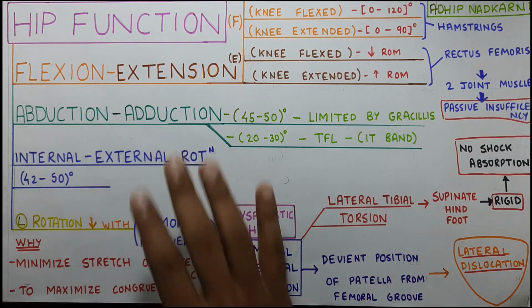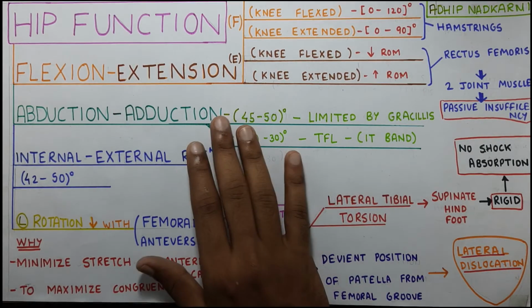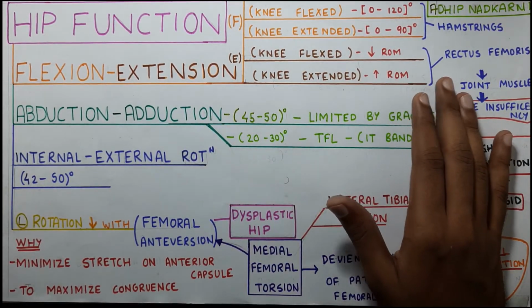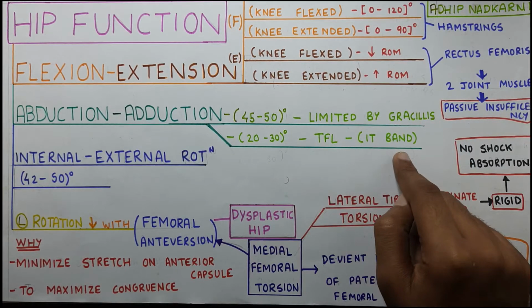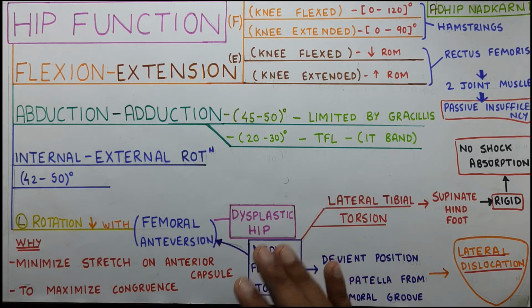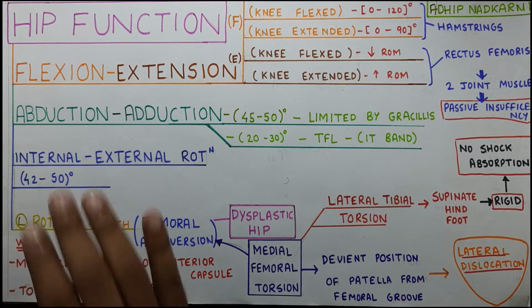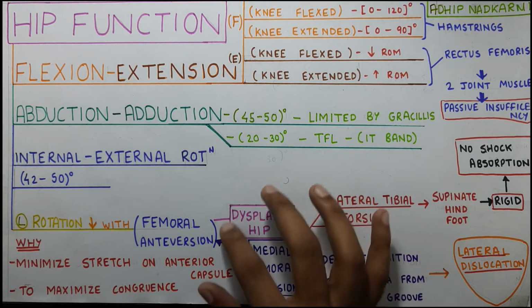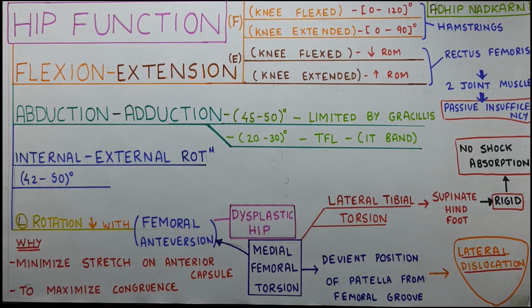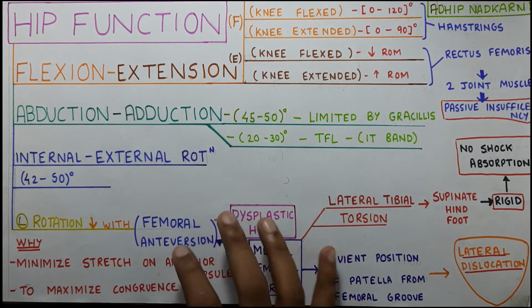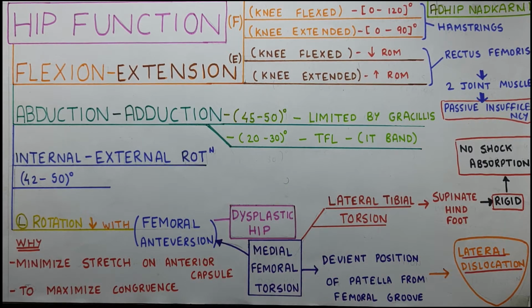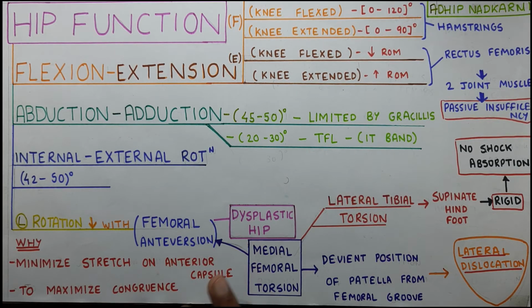Okay, then going to abduction, adduction, we talked about the ranges and the limiting factors, that is gracilis and TFL. Then going to the internal and external rotation, we saw lateral rotation is reduced in cases like dysplastic hip, where there is femoral anteversion, and your body basically does this to maximize the congruence at the hip joint and also to minimize the stretch on the anterior capsule.